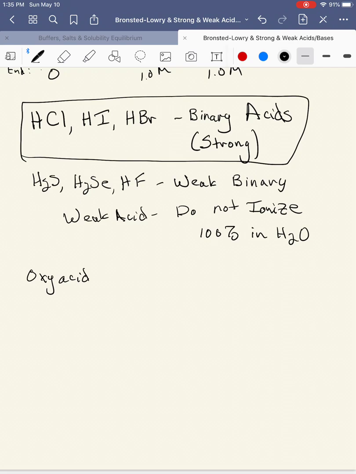Oxyacids are going to contain hydrogen, oxygen, and one other element.